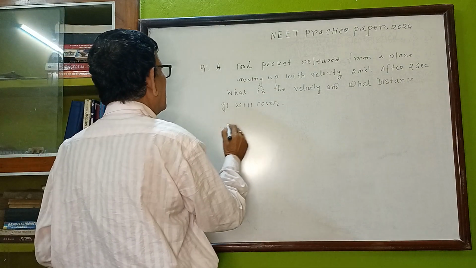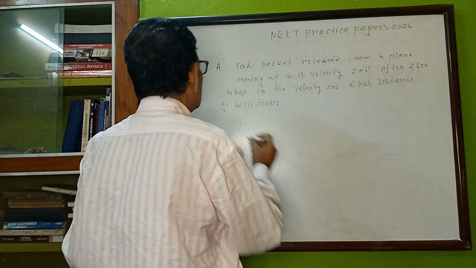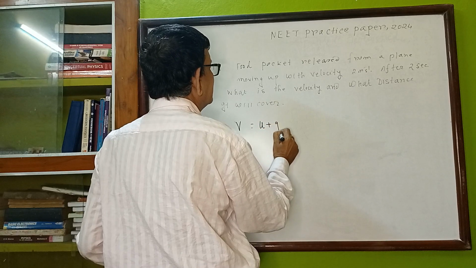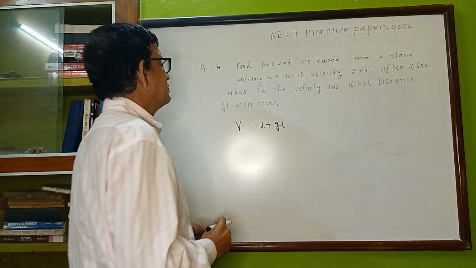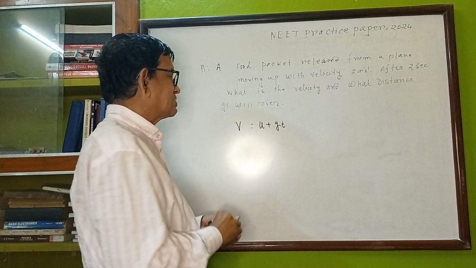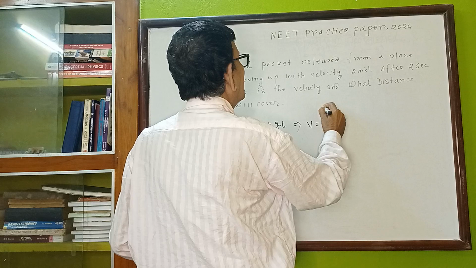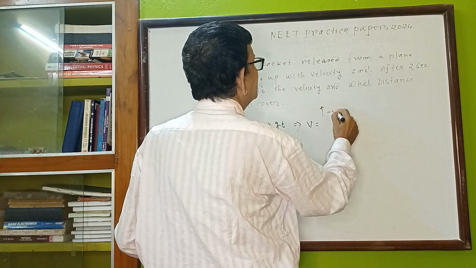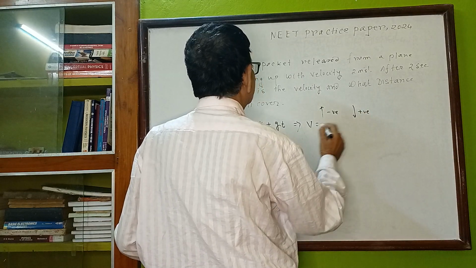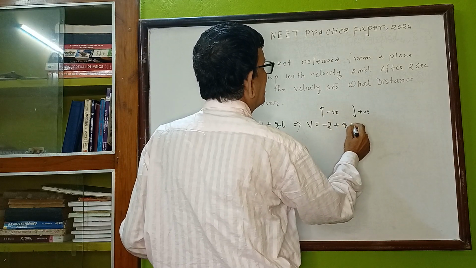In that case, you know V equal to U plus GT. Clear? When V and U are in the same direction, you write like this: taking upward as negative, downward as positive, you write down V equal to minus 2 plus 9.8 into 2.